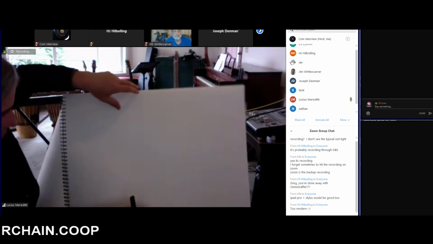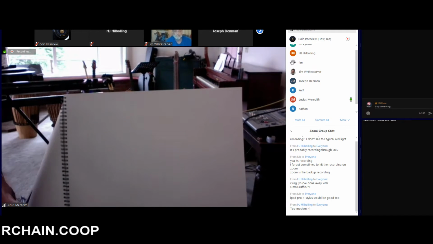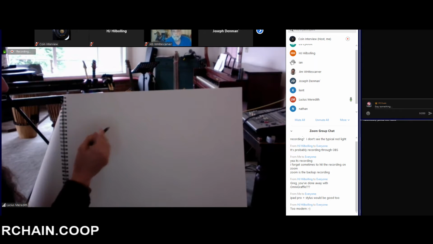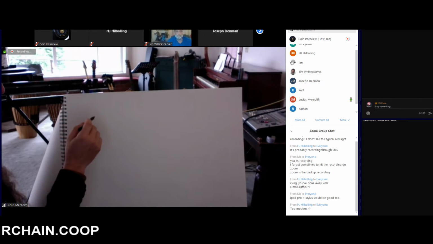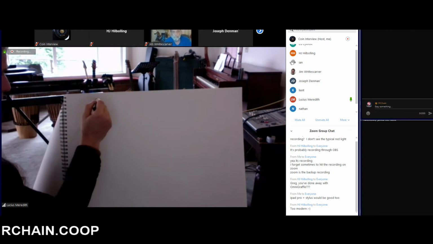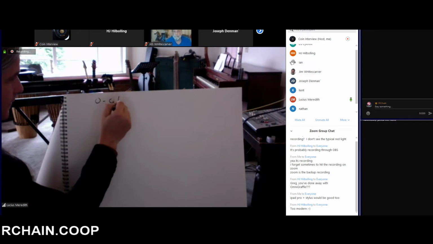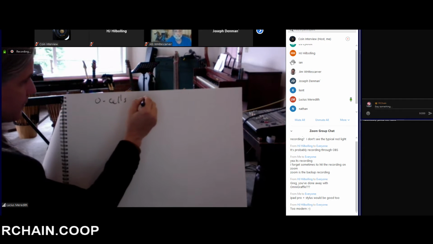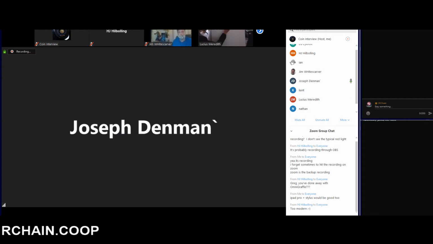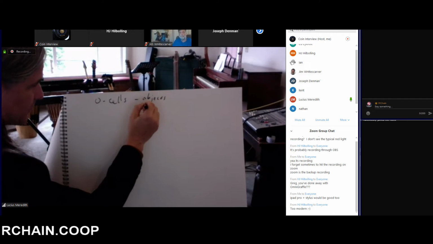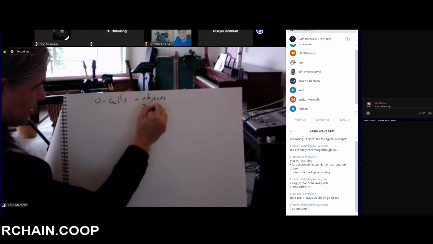Okay, so in general, category theory says the world is made up of different kinds of cells. You have zero cells, which are sometimes called objects, sometimes called types.